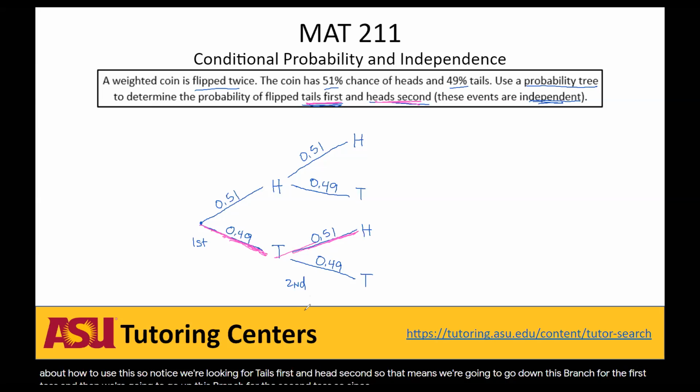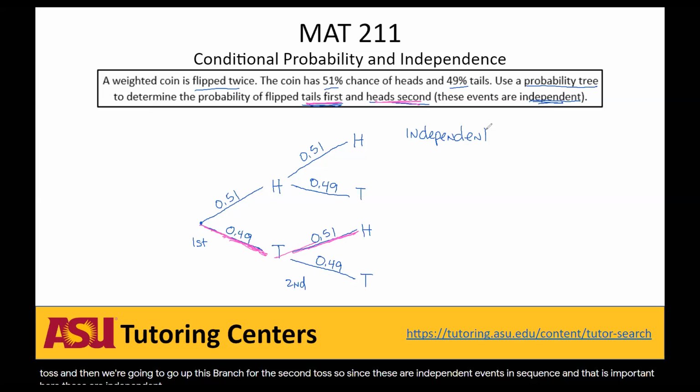Since these are independent events in sequence, and that is important here, these are independent tosses, we can just multiply the two probabilities for the path that we take in order to get the probability of both events happening in sequence.